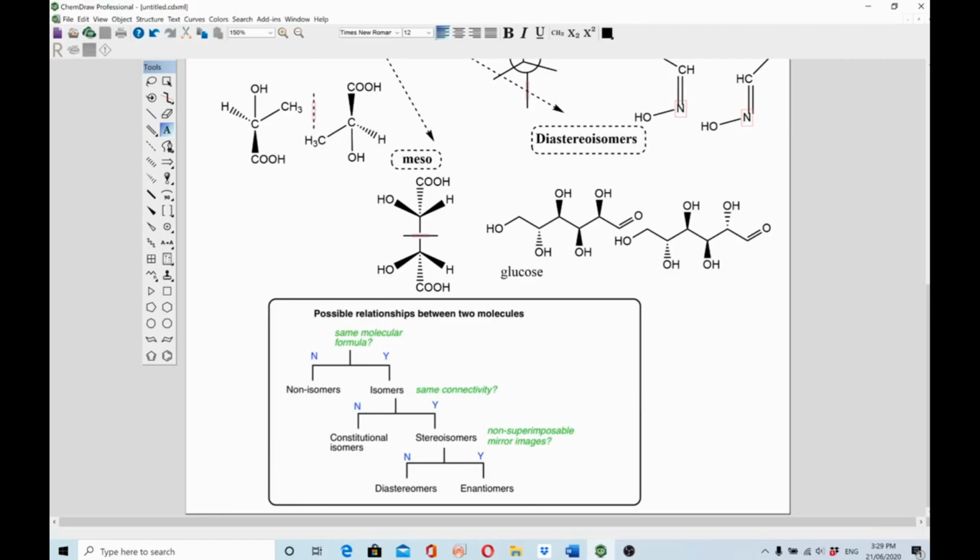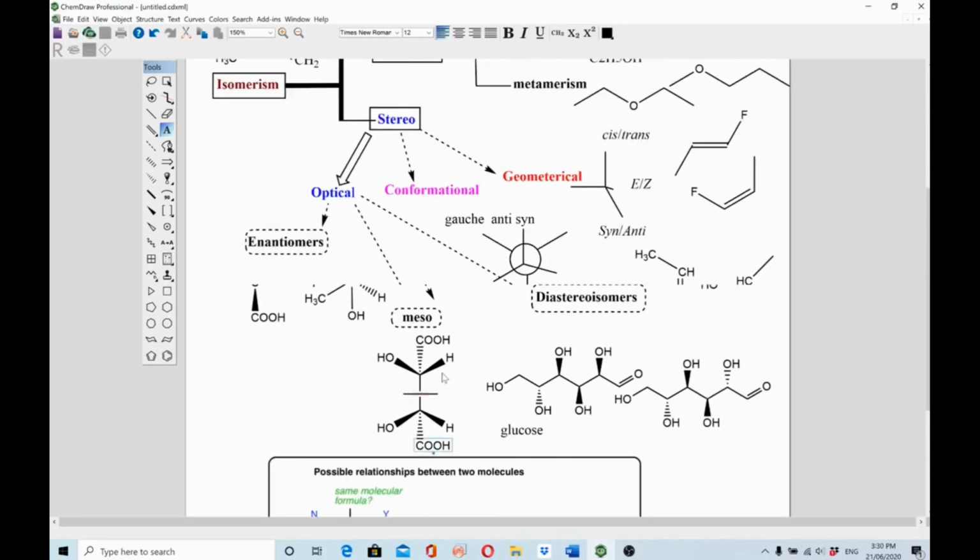You begin with whether the two compounds have the same molecular formula, alright, then they are going to be isomers. If the two compounds don't have the same molecular formula, no way, they can't be isomers. Alright, then again you need to look for connectivity. If they don't have any connectivity, that's called structural or constitutional isomerism. If they have some sort of connectivity, that's called stereoisomerism. And again, stereoisomerism is further divided into enantiomers and diastereomers.